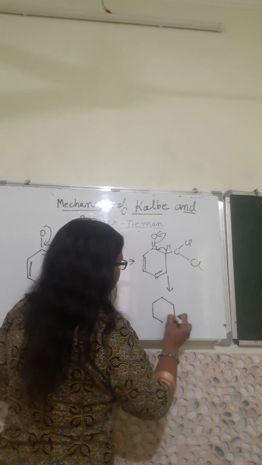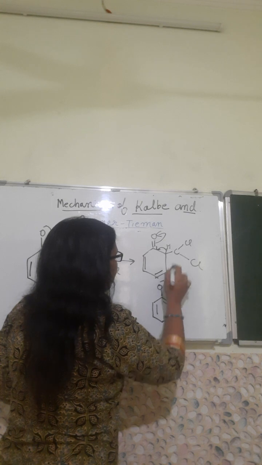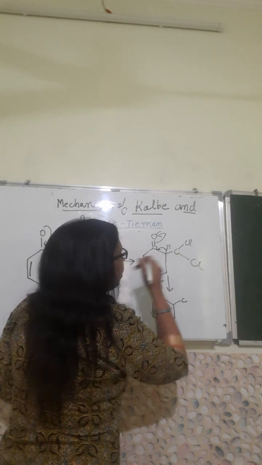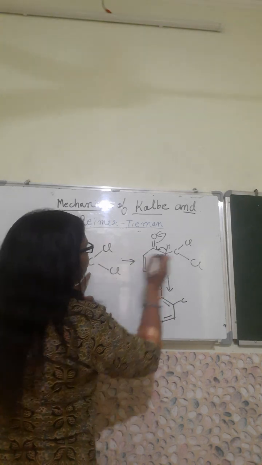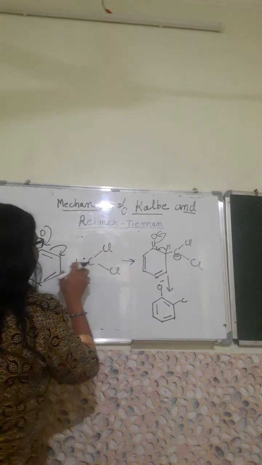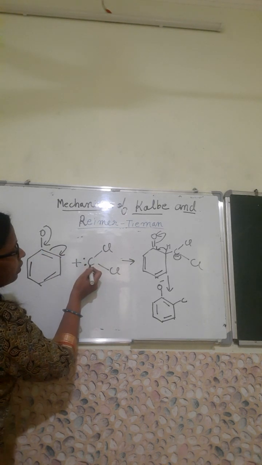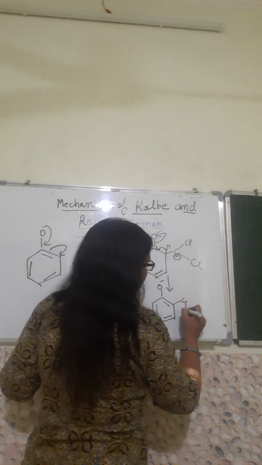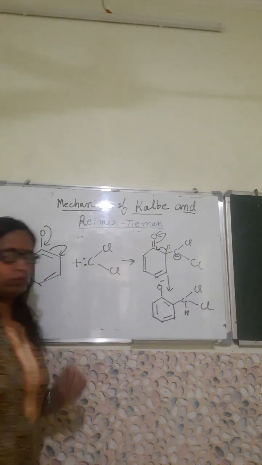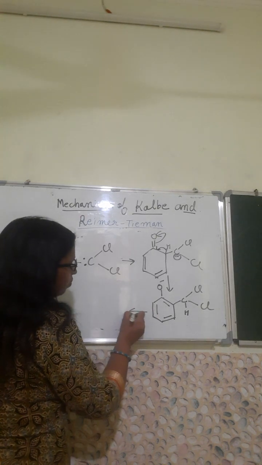the hydrogen bond forms with this double bond and this double bond moves again there, and the benzene acquires 6 pi electrons. O negative, and this proton attaches here because here is the negative charge, transferred from here. Now again the same hydrolysis.